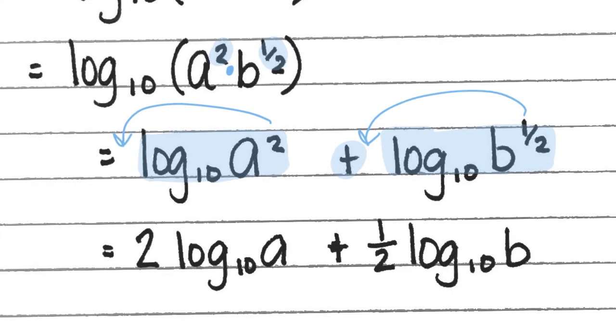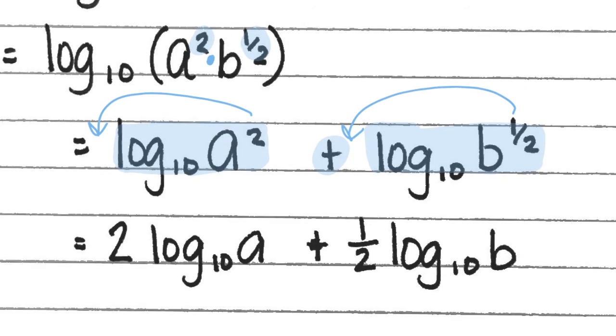So here's what my final answer will look like. 2 times log base 10 of a plus, that is a plus sign, plus 1/2 times log base 10 of b. So notice how we have to rewrite that log base 10 each time, and we're just separating it, making it larger using our laws of logarithms.